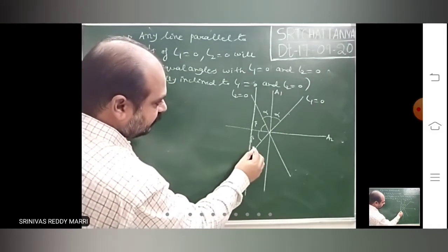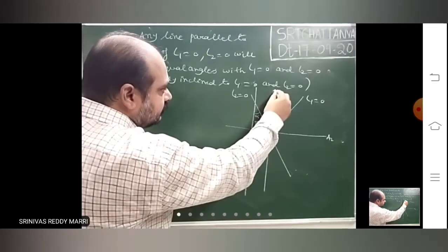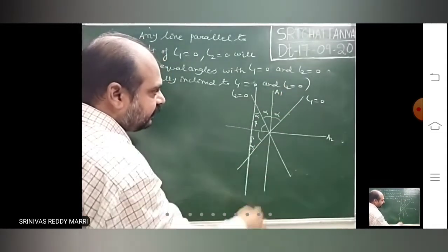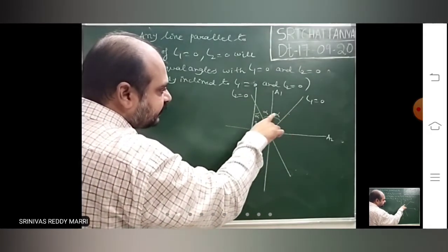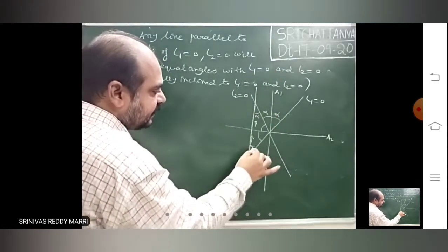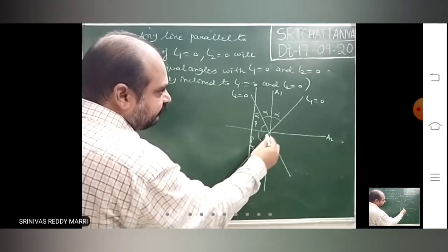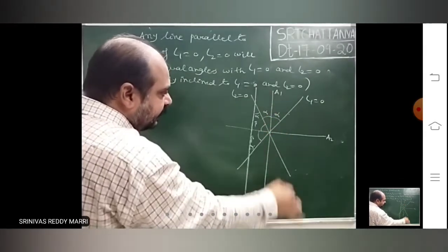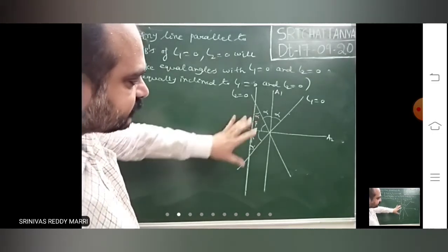That means this is alpha, this is alpha. A1 is making angle alpha with L1 and L2. Similarly, the parallel line will also make the same angle alpha with L1 equal to 0 and L2 equal to 0. This is a line parallel to it, right?